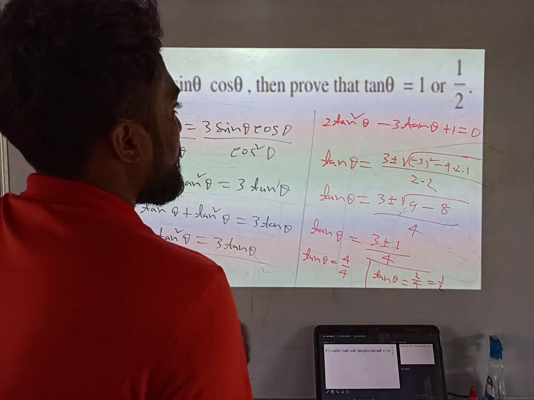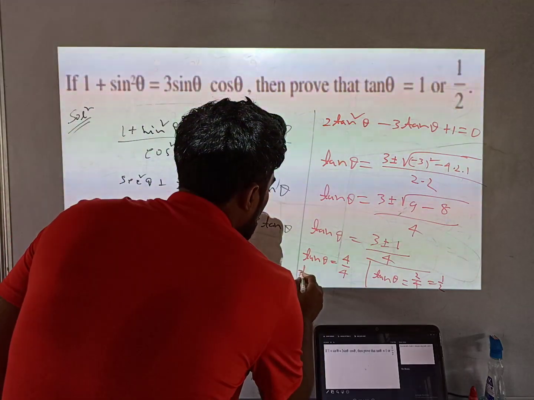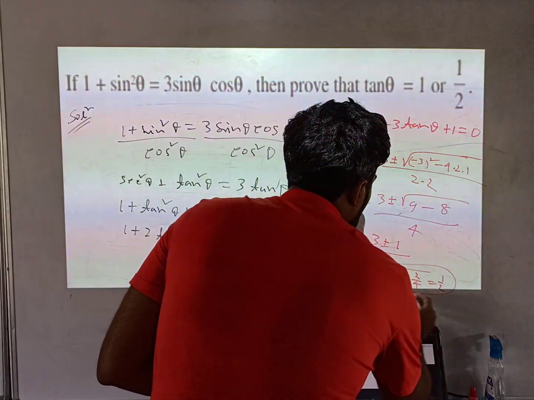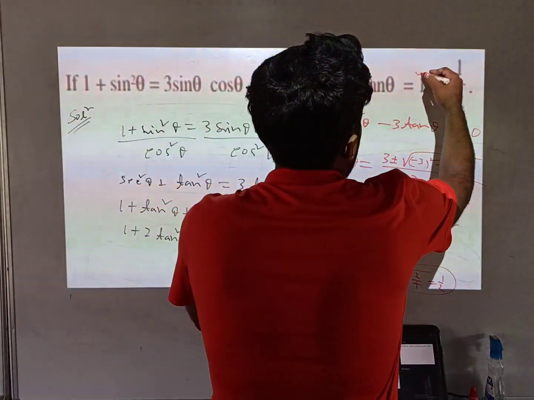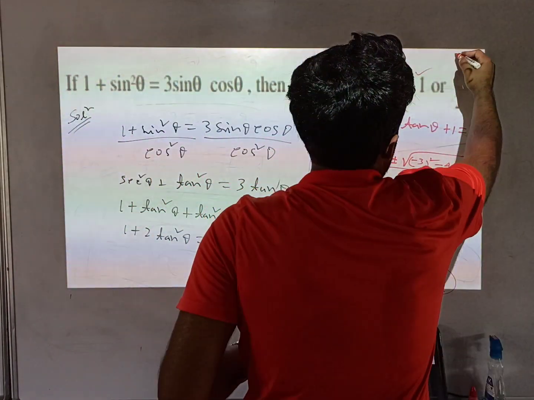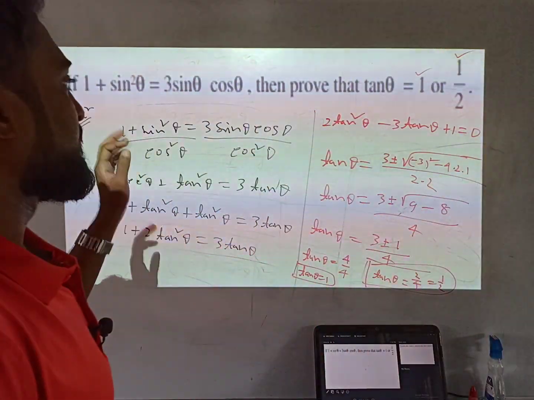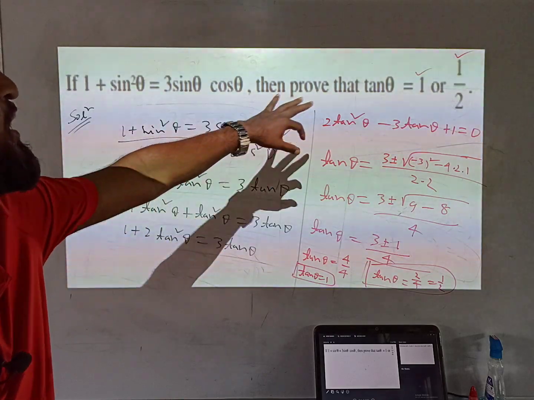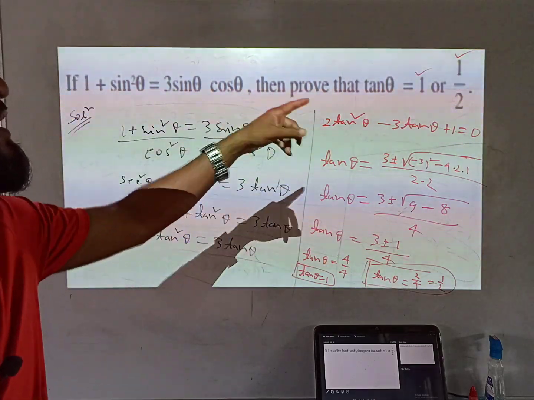So finally, from this side I get tan theta equals 1, and from here I get tan theta equals half. So we have two answers for tan theta. Like this way we prove this. Okay, we have proved this, and tan theta has values 1 and half.